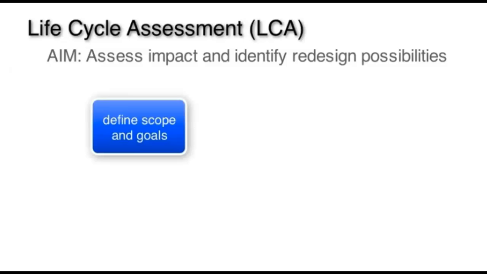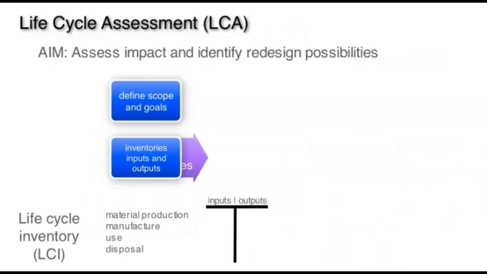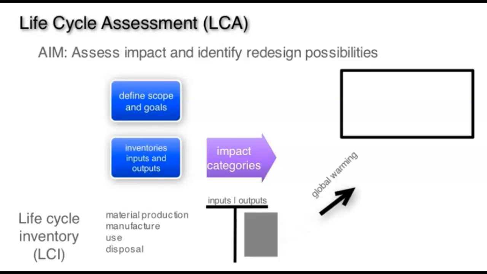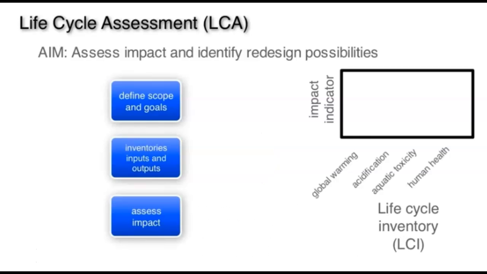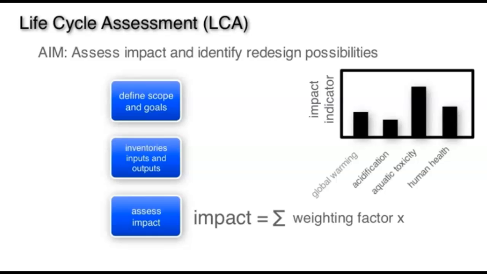In full LCA, after defining the scope of the study, one inventories the inputs and outputs for the entire life cycle. The next step is to convert the life cycle inventory to impact categories such as global warming, acidification, aquatic toxicity, and human health. To convert this LCI to an assessment, one then quantifies the impact of the life cycle by weighting each category of impact and summing the weighted factors to produce an eco-indicator.